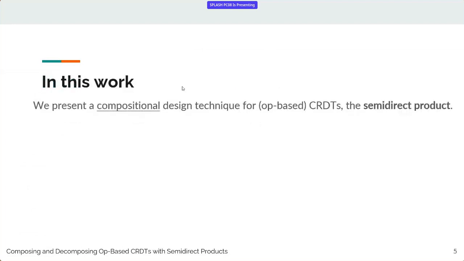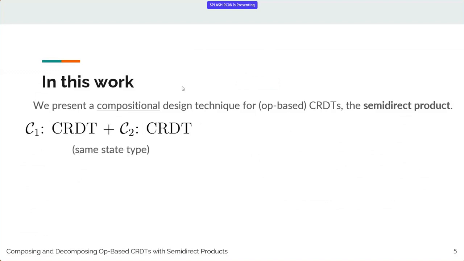In particular, we present a compositional design technique for CRDTs that we call the semidirect product. What it lets you do is take some existing simple CRDTs and compose them into a bigger, more complicated piece, hopefully in a way that's easier than trying to design a CRDT from scratch. So in detail, we take two CRDTs, C1 and C2, which we assume operate on the same state type, like maybe they're both numbers or both sets.